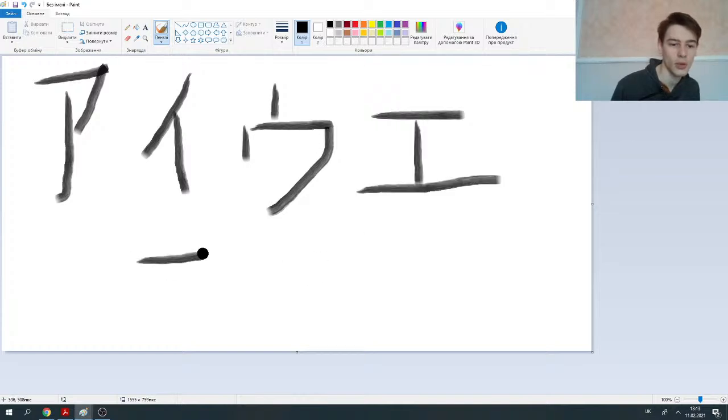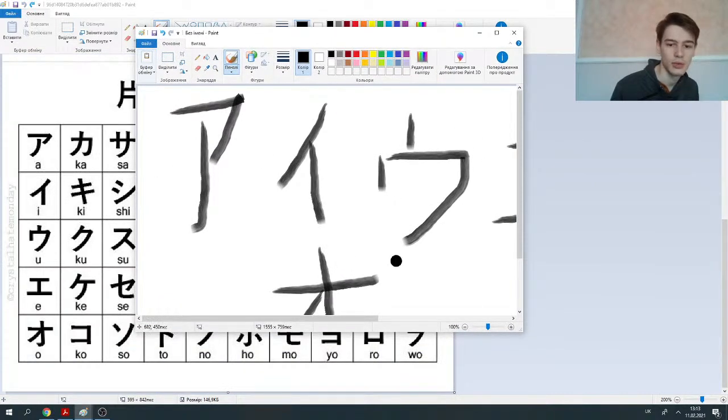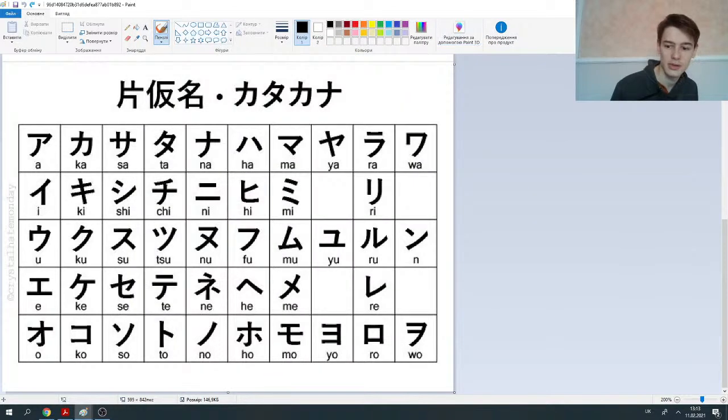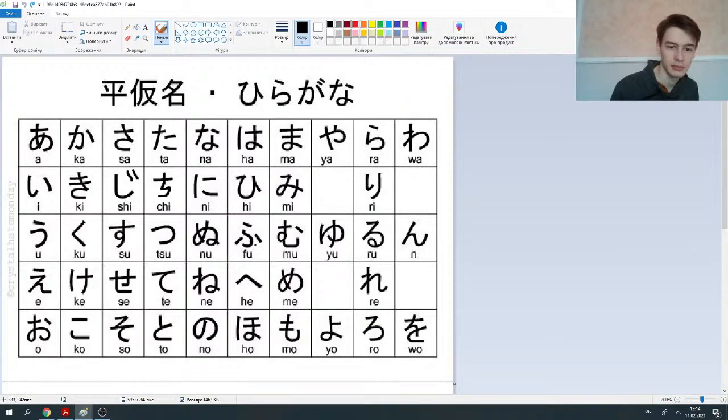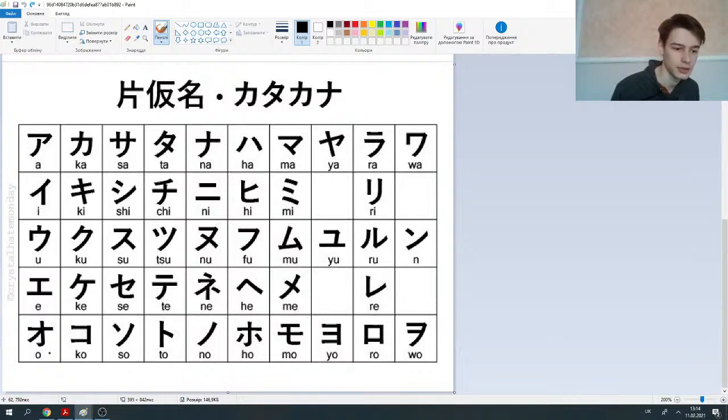A, i, and o. So o is quite difficult. Is it like this? Yeah, but I need to do it a little bit better like this. Yeah. O. A, i, u, o. And I watched my yesterday's translation, so I made mistakes during writing, but that's okay, I'm just learning. So a, i, u, o.